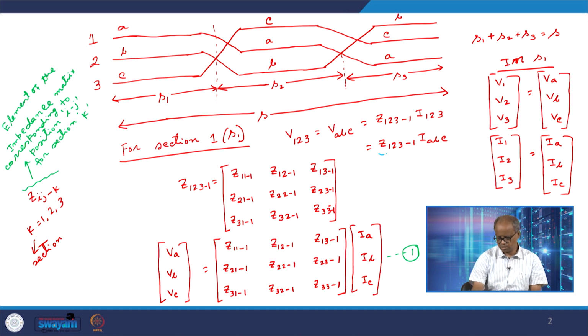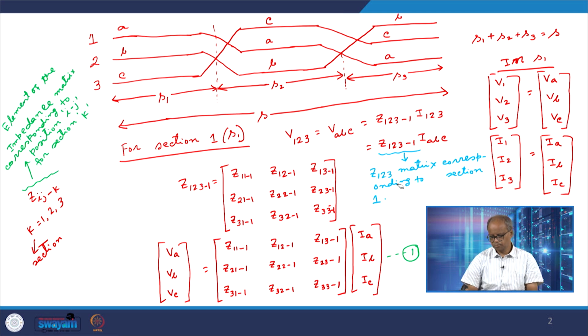Again I should say that it is the Z123 matrix corresponding to section 1, sorry, corresponding to section 3.